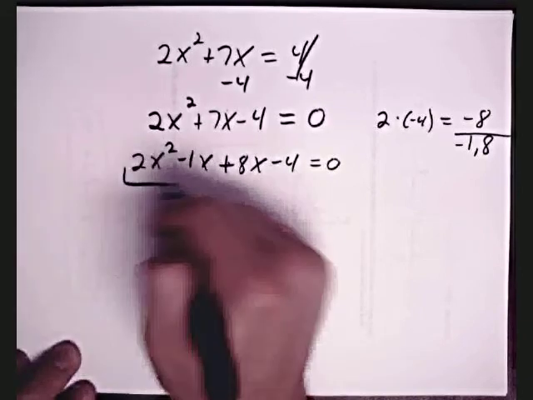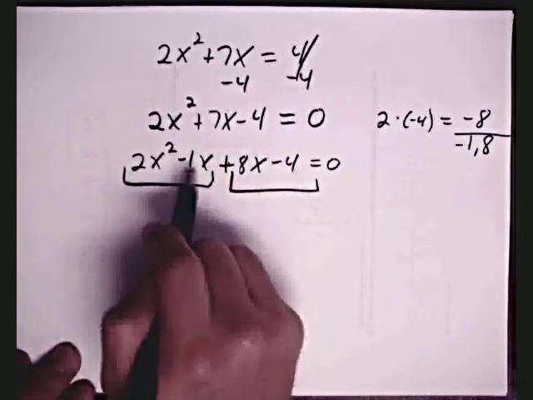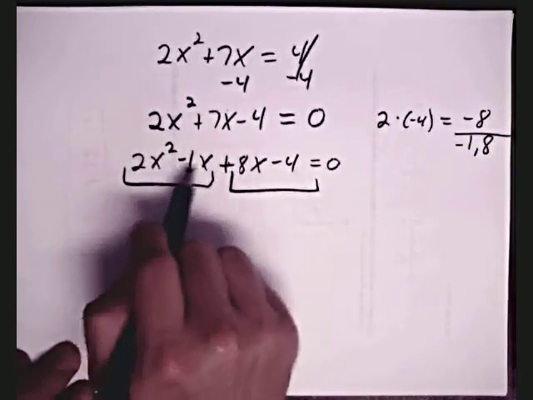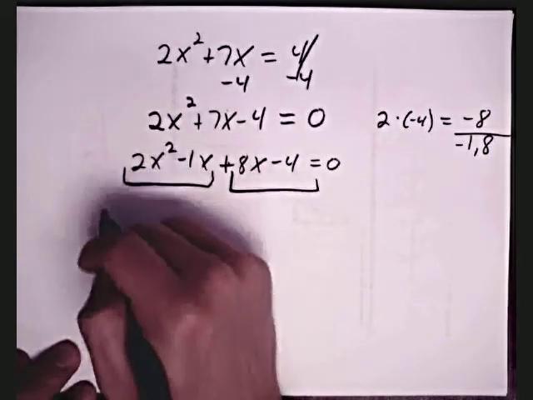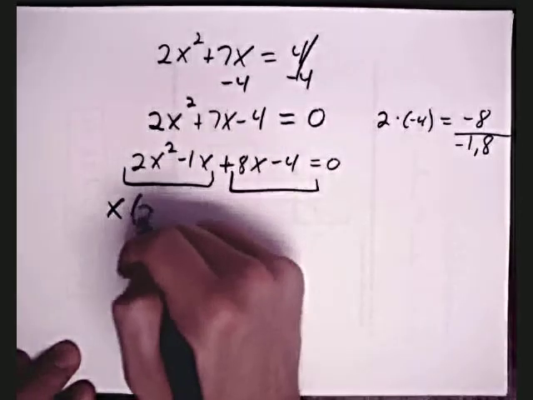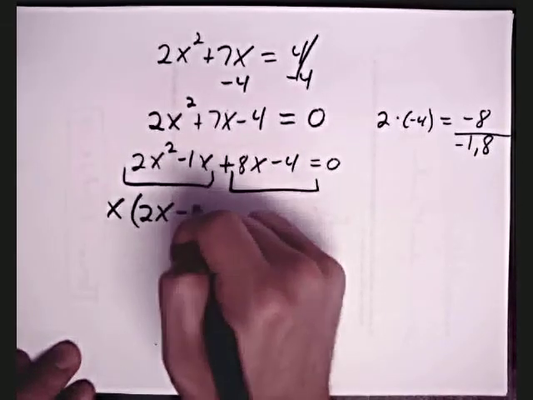So group the first two together, group the second two together. 2x squared and minus 1x, 2 and 1, no common factor other than 1. X squared and x, you can factor an x out of both of those. So factor x out of 2x squared, and we have 2x. Factor x out of minus 1x, and we have minus 1.